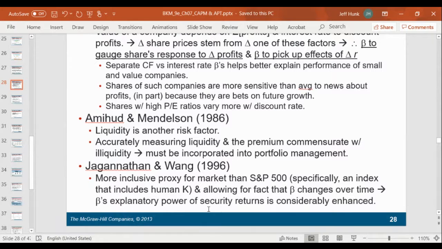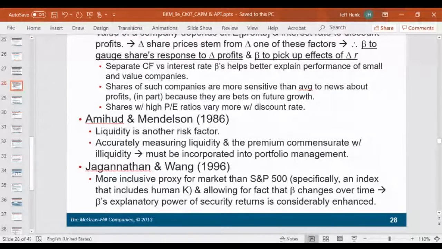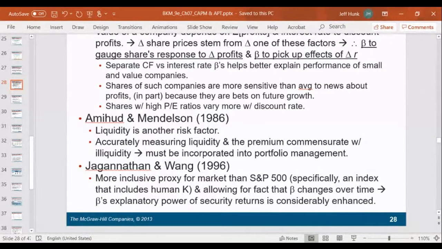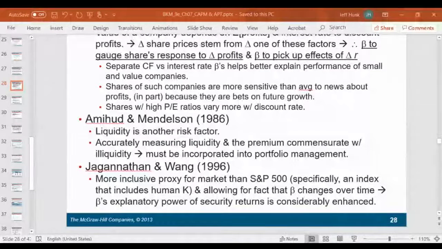So beta's explanatory power of security returns is considerably enhanced in their model.